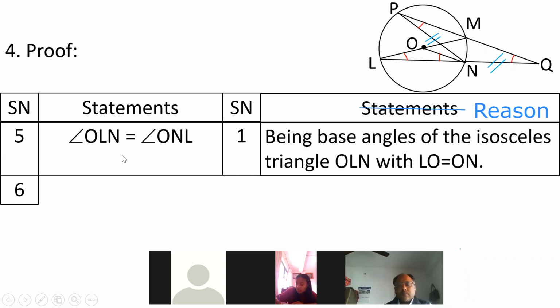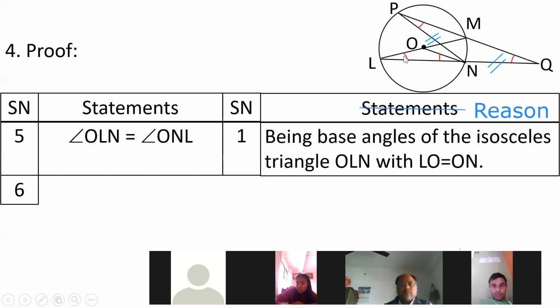In statement 5, we have shown angle L equals this angle N. So we can say angle N and angle Q are equal, because combining statements 1 and 5, this angle equals this angle, and again this angle equals this angle. That means these two angles are also equal.